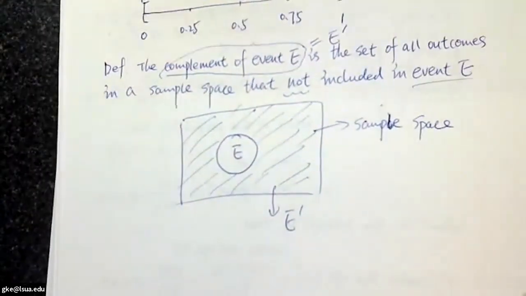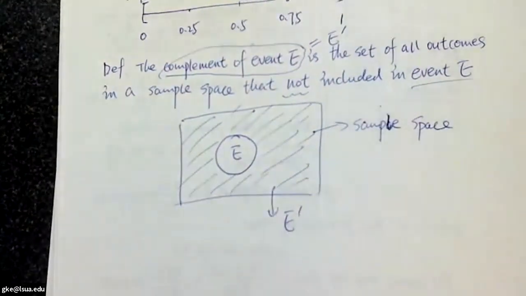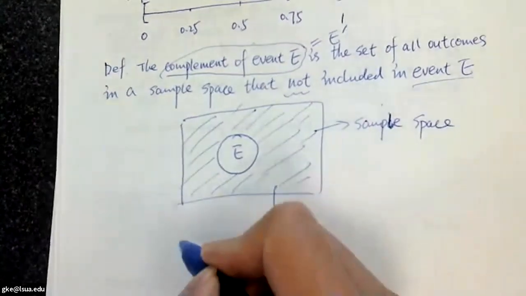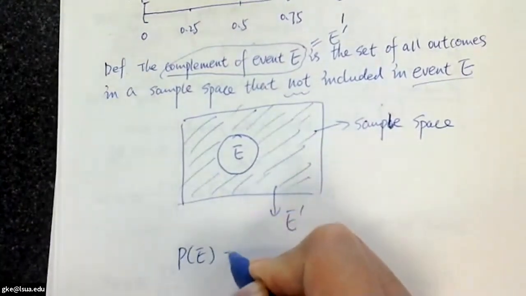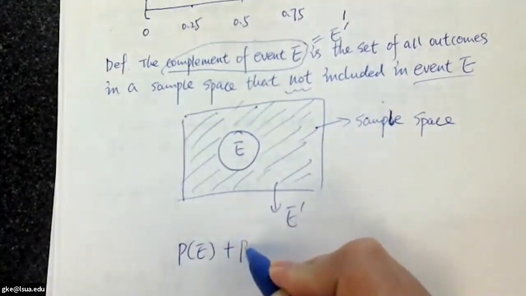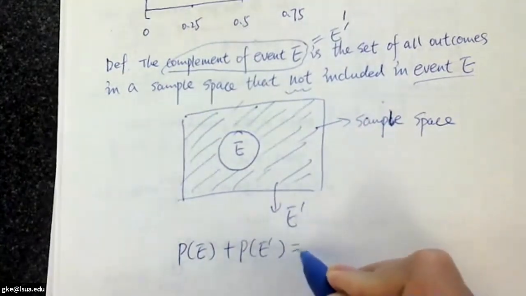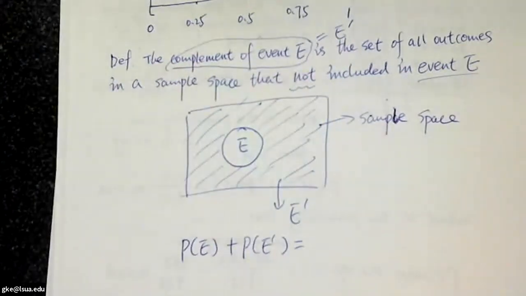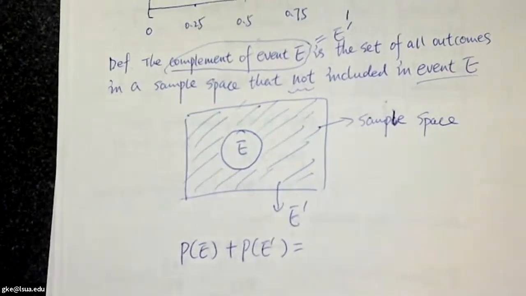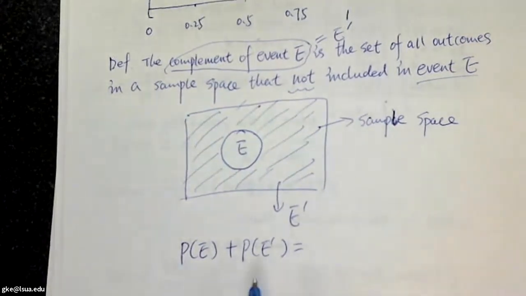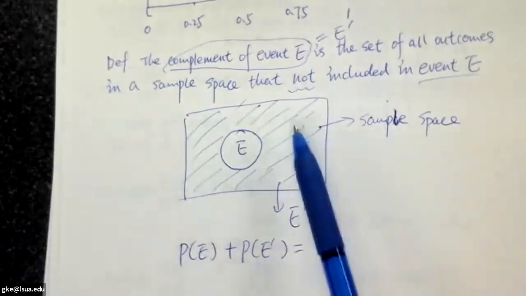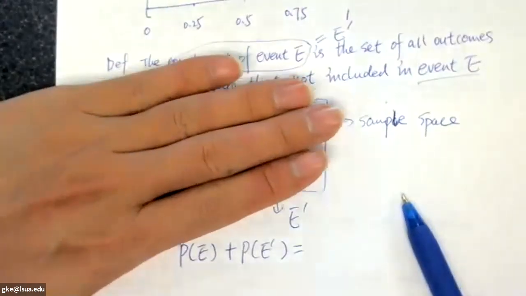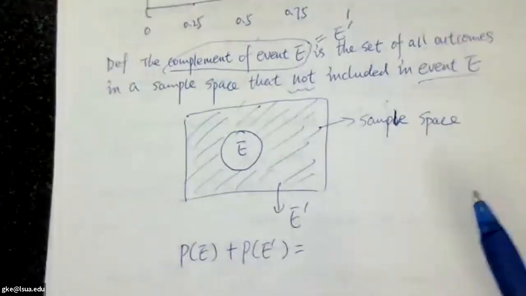Now I have the following property for E prime. P(E) plus P(E prime) equals what? Do you know? Can you guess? The probability of E plus the probability of E prime equals the whole area, right? It's going to be 1.